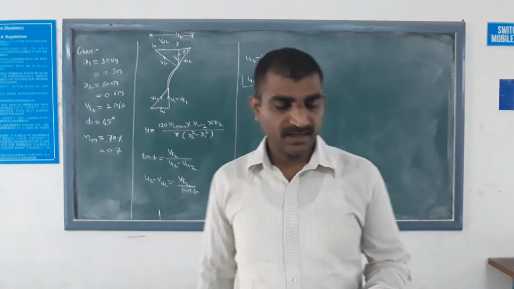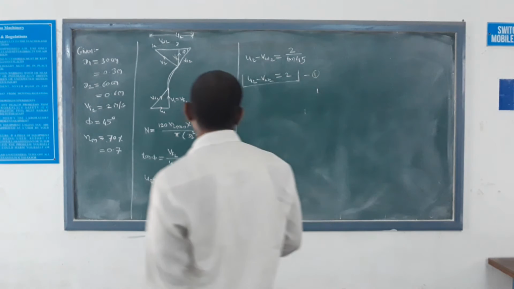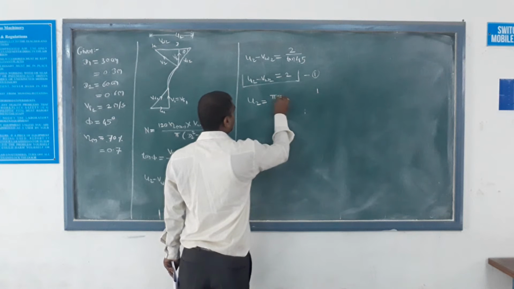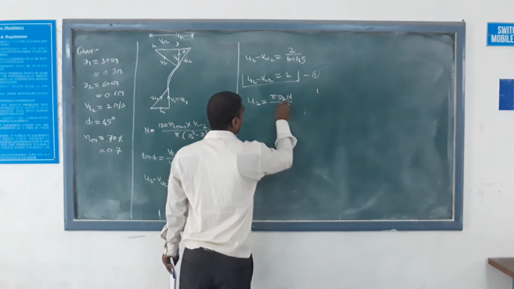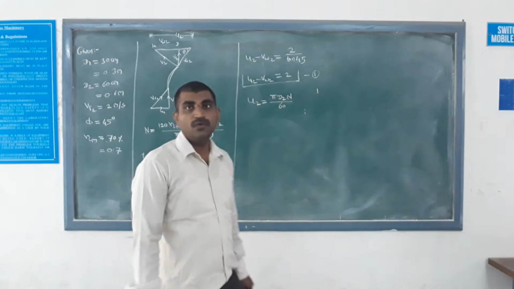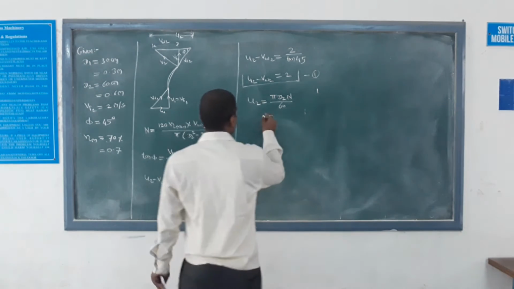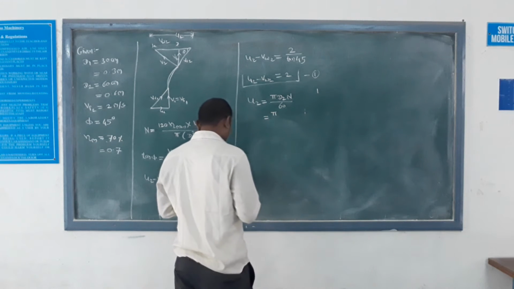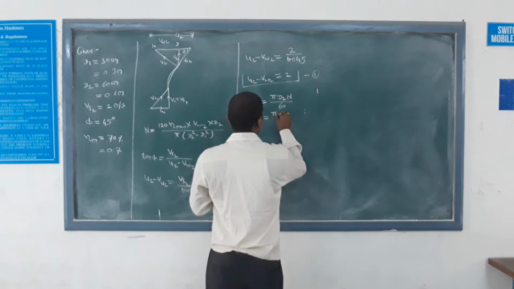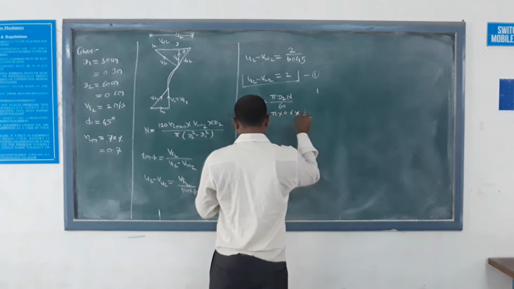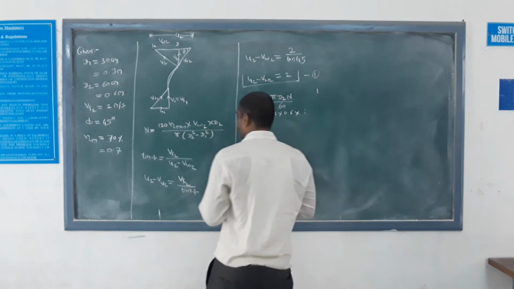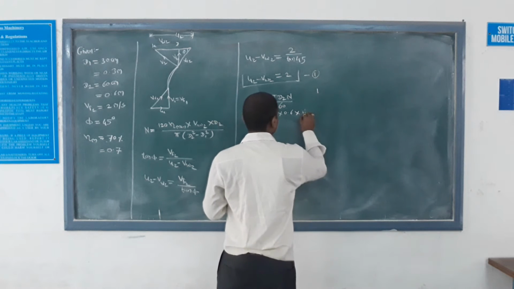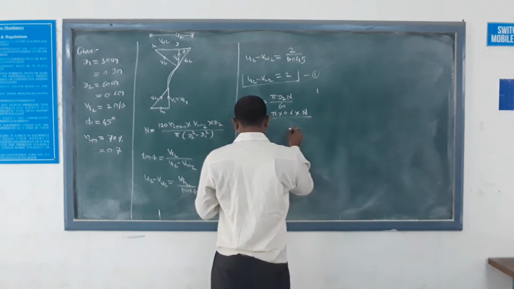Now after that, we also know how to find out U2. U2 is found by the speed formula pi D N by 60, that is pi D2 N by 60. Put the values: pi into 0.6 into N upon 60.